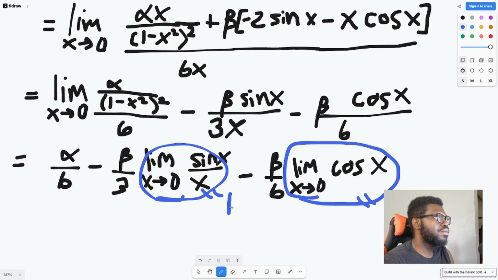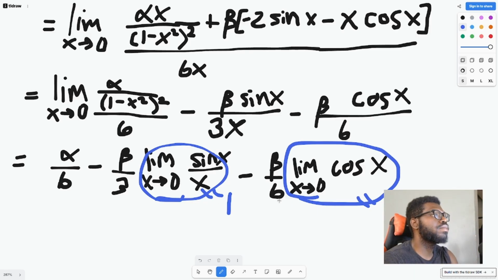Sine of 0 is 0, and the limit as x approaches 0 of x is 0, which means that this would be an indeterminate form. So if you take the derivative of the numerator and denominator, you end up with cosine x over 1. And that limit as x approaches 0 will be 1. In any case, this limit is equal to 1.